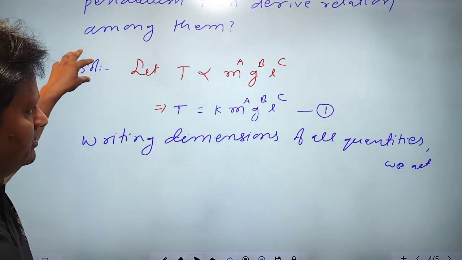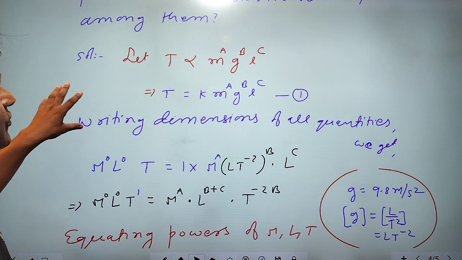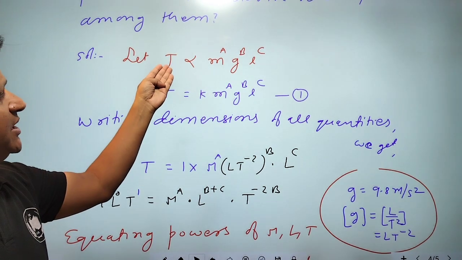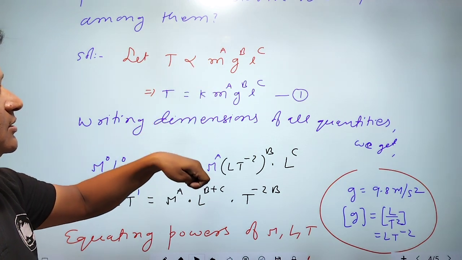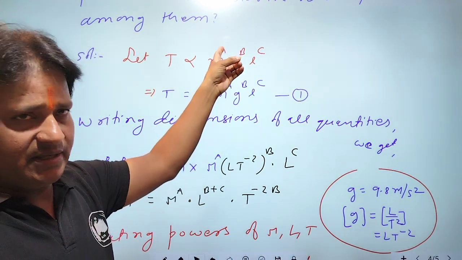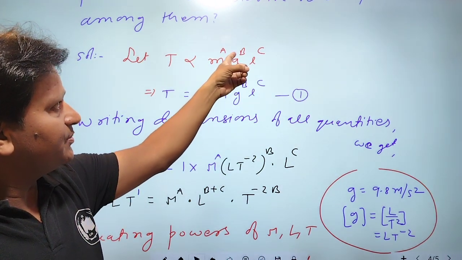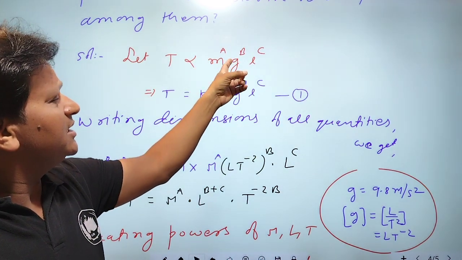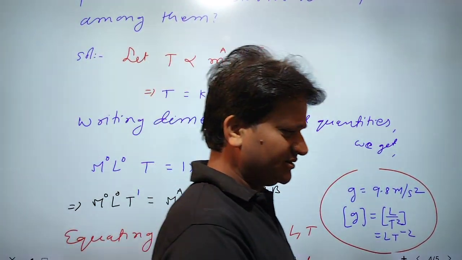First of all, we assume the time period of a simple pendulum depends on mass to the power A, acceleration due to gravity to the power B, and length to the power C. Here A, B, C are unknown quantities.